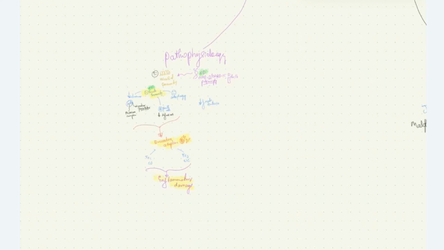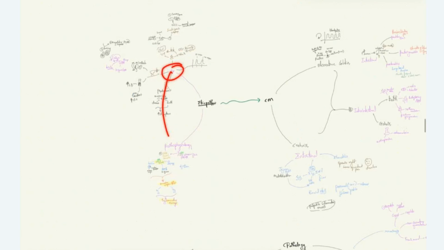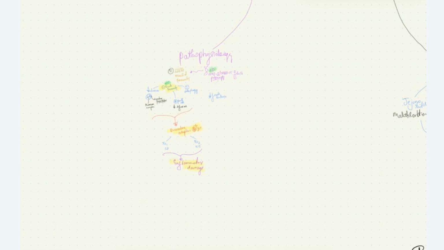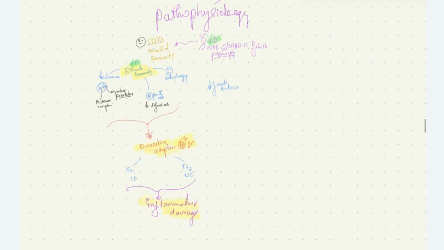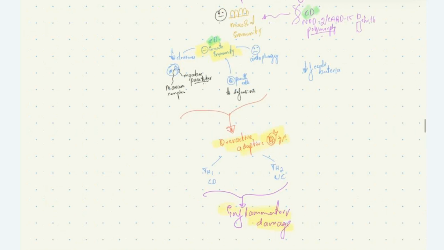With all these risk factors, there is a pathophysiological process going on inside the mucosa, wherein impaired function of the NOD2 or CARD15 gene causes impaired mucosal immunity, wherein the innate immunity is inadequate, causing reduced clearance of bacteria from the mucosal epithelium of the GIT.